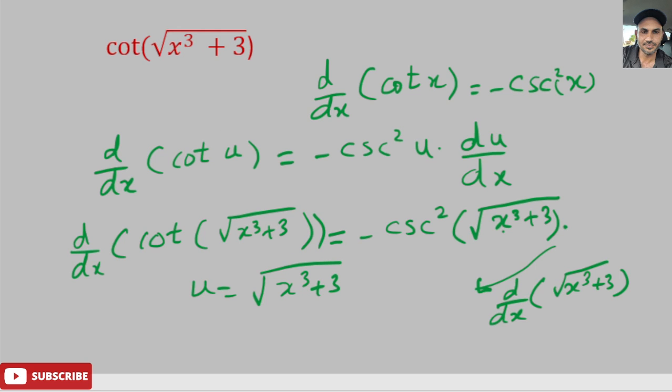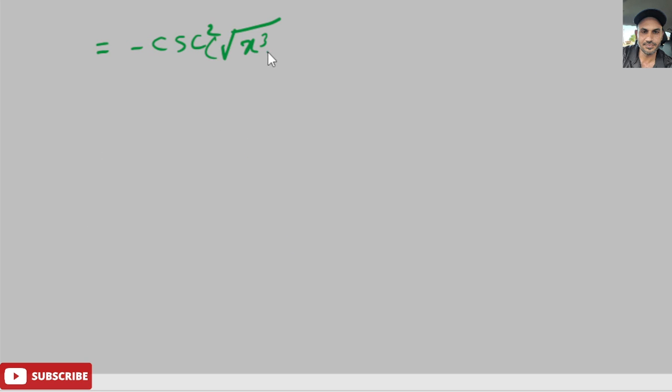We get negative cosecant square of x cubed plus 3 times d over dx of x cubed plus 3 to the 1/2. So I basically substituted the exponent for the square root sign here.